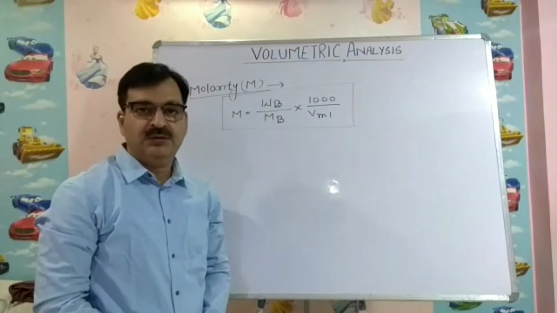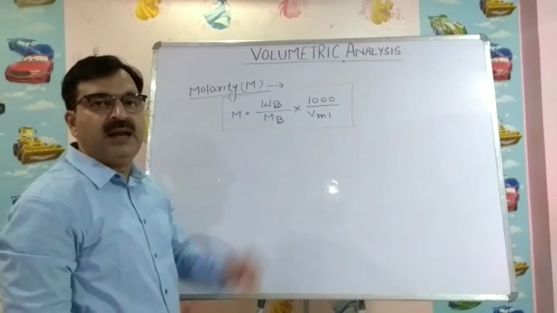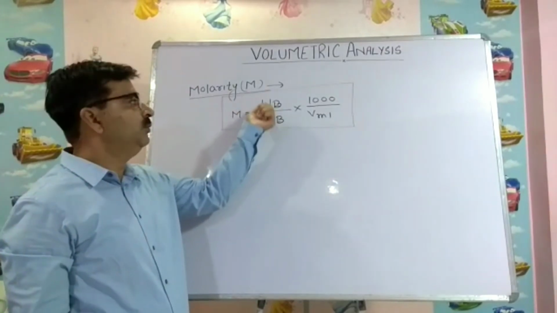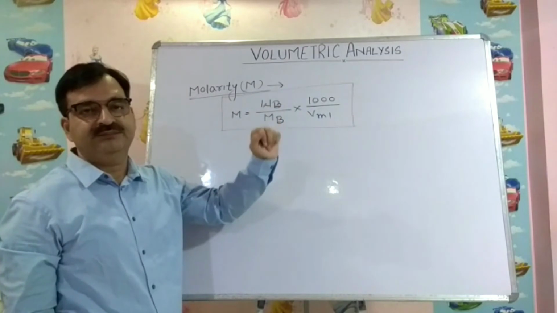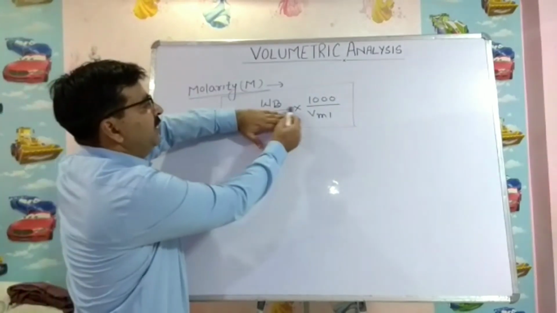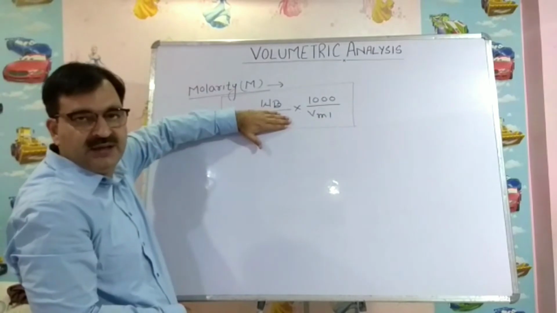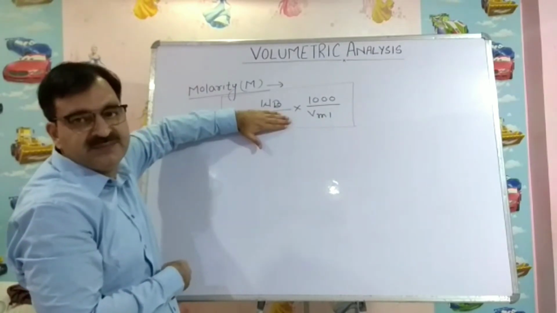Now student, here we have the formula. Capital M is equal to WB upon MB into 1000 upon V ml. Now, WB into 1000 upon V ml is the strength of solution in grams per liter.